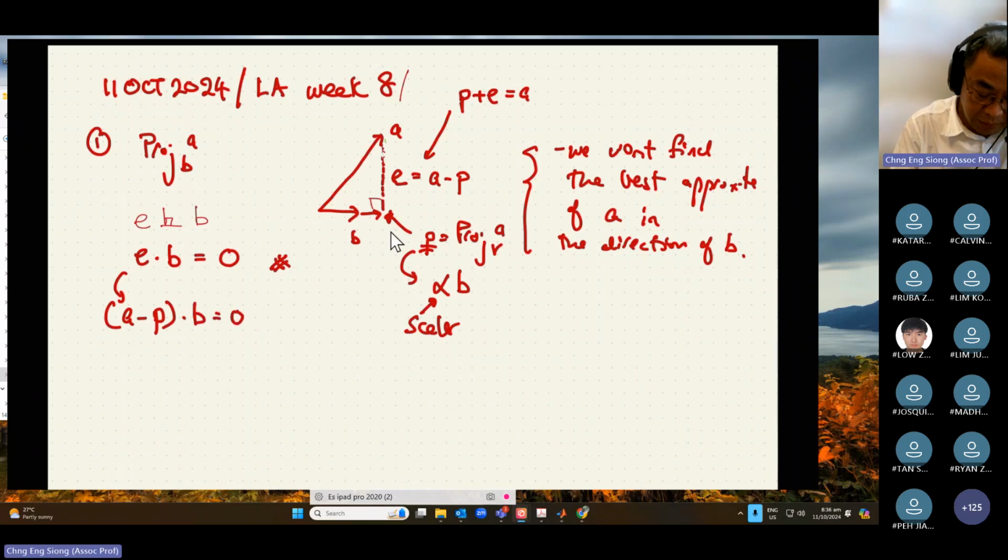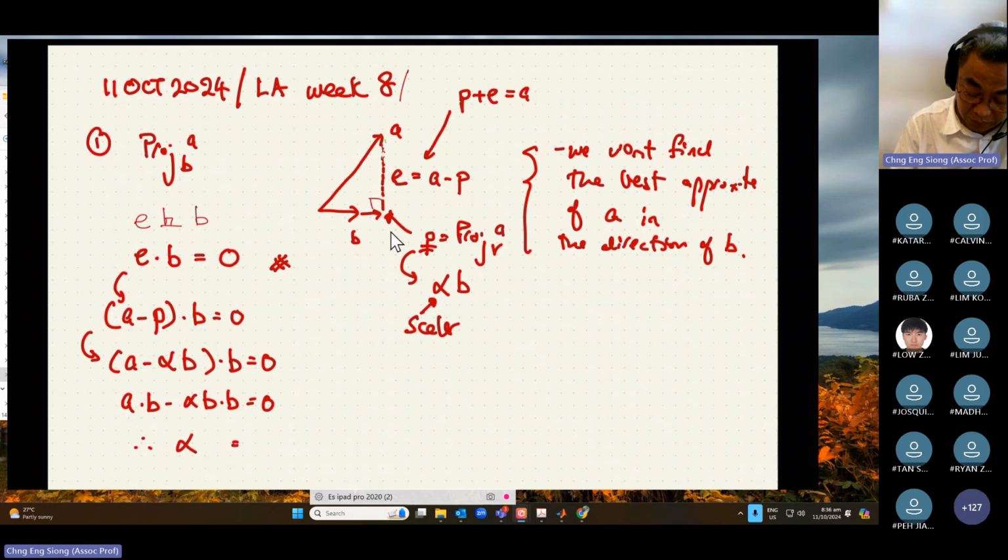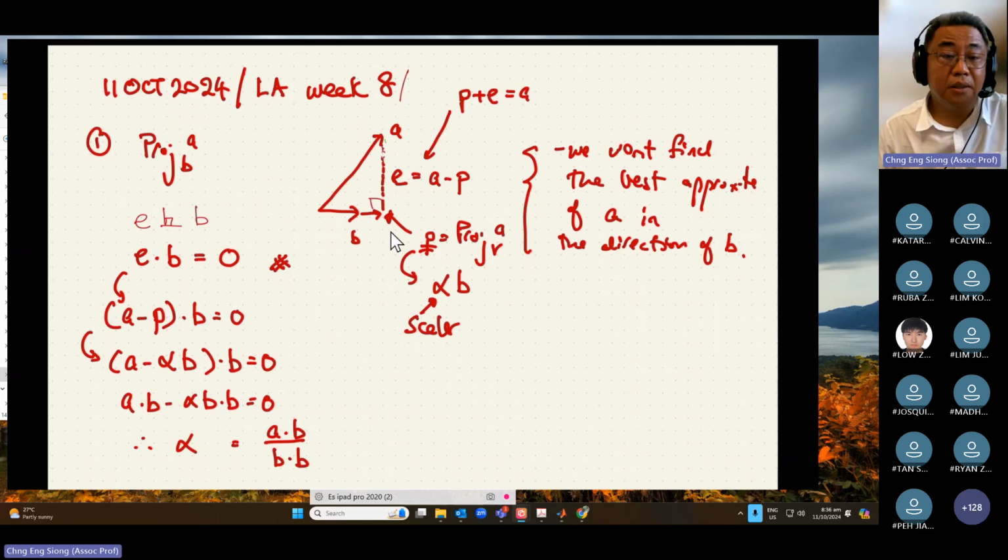This becomes A minus alpha B dot B equals 0. Now we can open up the bracket: A dot B minus alpha B dot B equals 0. Therefore, the only unknown alpha is equal to A dot B divided by B dot B. Can you all see, guys?